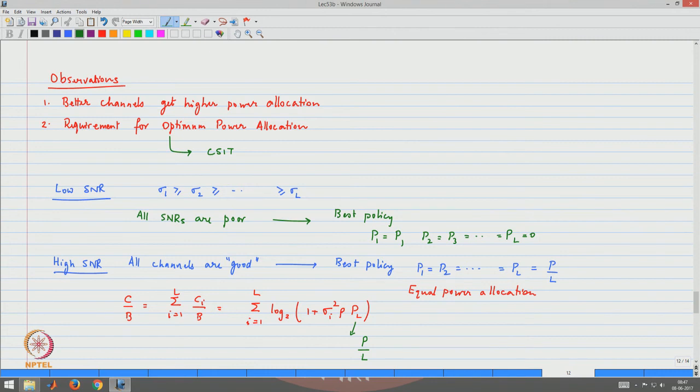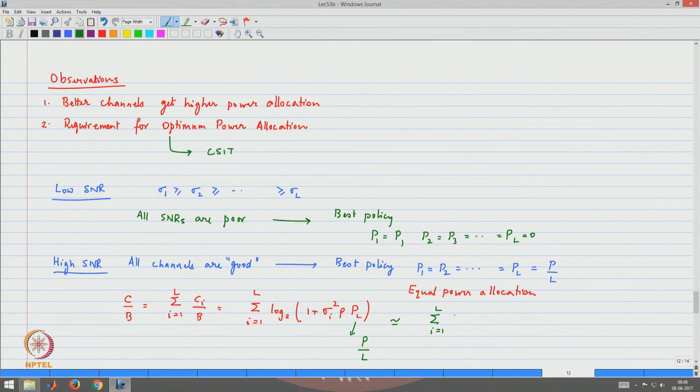So, this can be rewritten in terms of the approximation. It is logarithm of 1 plus a quantity, but since we know that all these SNRs are high values, with respect to log of 1 plus the quantity, we write it as log of the quantity, ignoring the 1.